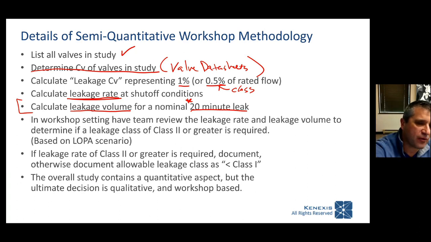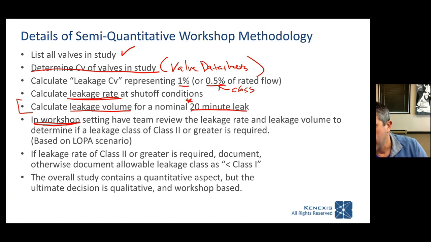Then this is where we need to get our workshop team. So you say, okay, I've got shutoff valve UV 247, and it leaked 10 gallons of material through.